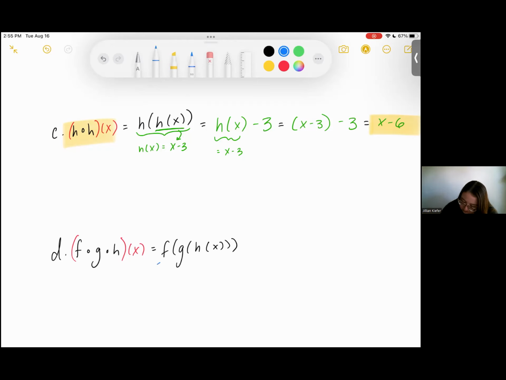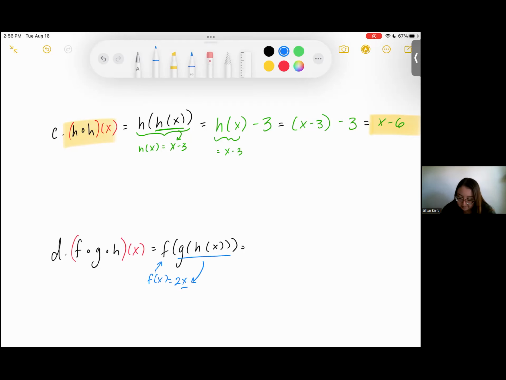So we know that f of x is equal to 2x. So when rewriting our function, we replace x with everything inside the parentheses. So we're going to replace x with g of h of x.